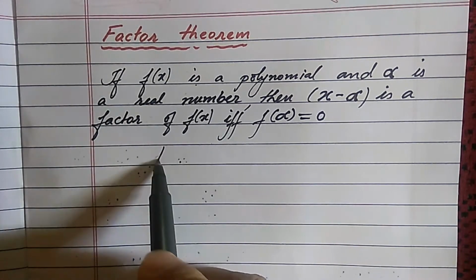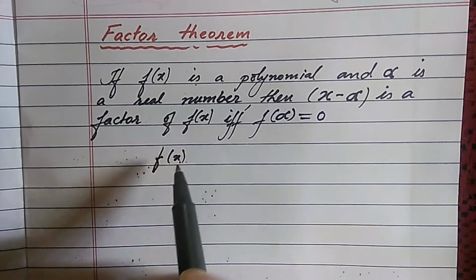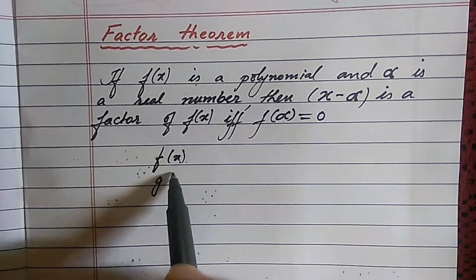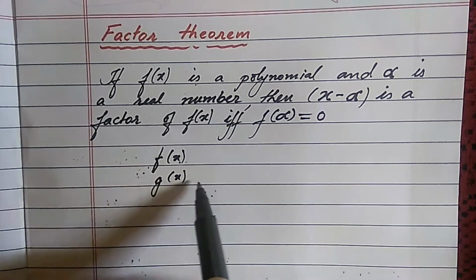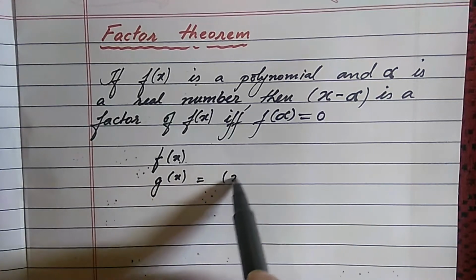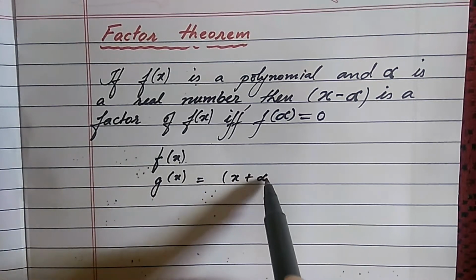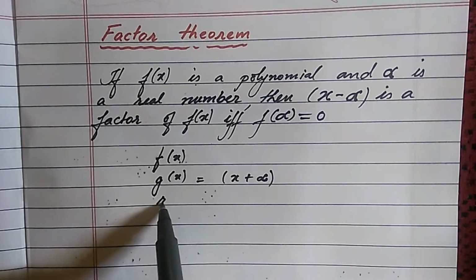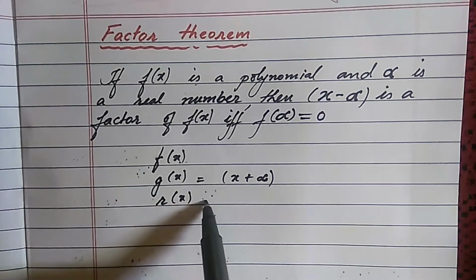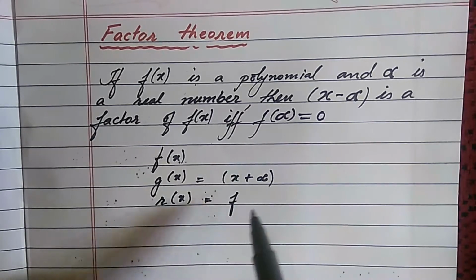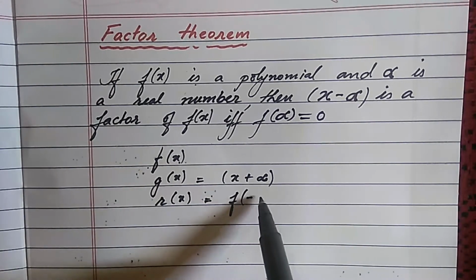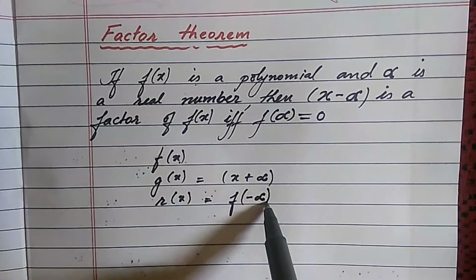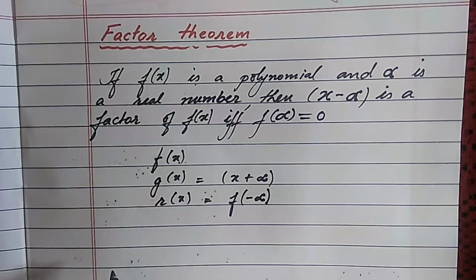Suppose for example a polynomial f(x) is given which is divided by g(x) equals, say, x plus alpha. Then we know that we can obtain the remainder r(x) by simply putting the value of minus alpha in f(x).